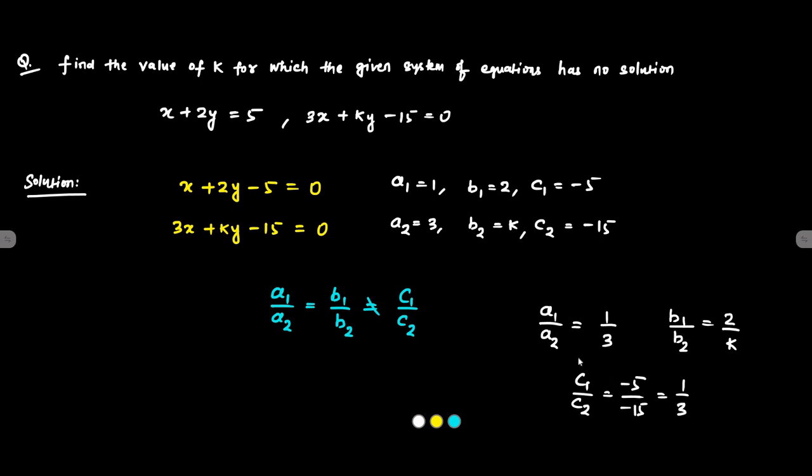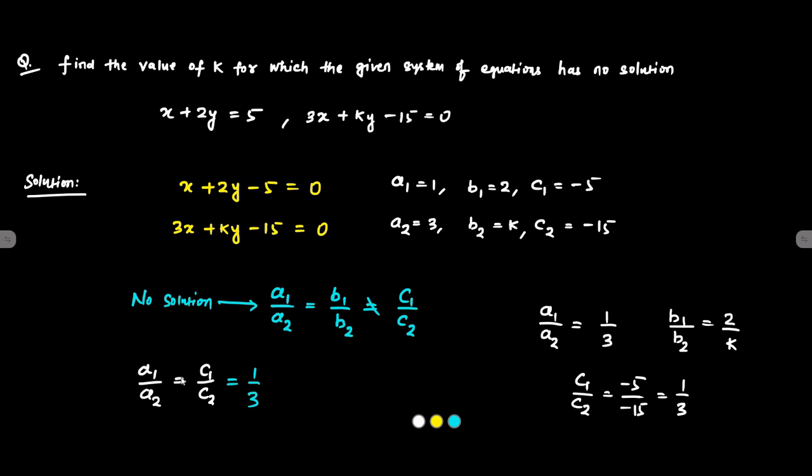Now here there is something very interesting. Here a1/a2 is equal to c1/c2. But for the existence of no solution, the condition is that a1/a2 should not be equal to c1/c2, and b1/b2 should not be equal to c1/c2. Here a1/a2 is becoming equal to c1/c2, which is equal to 1/3.